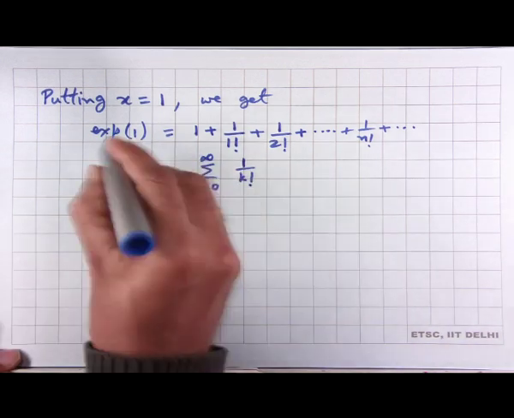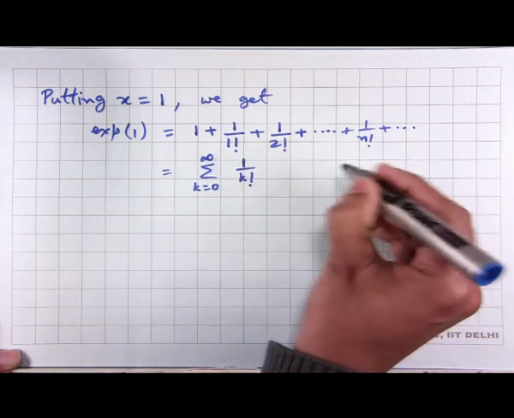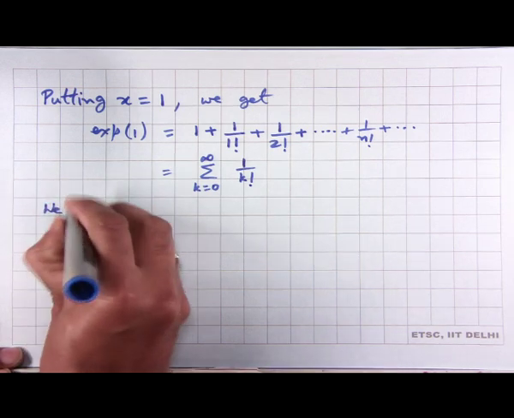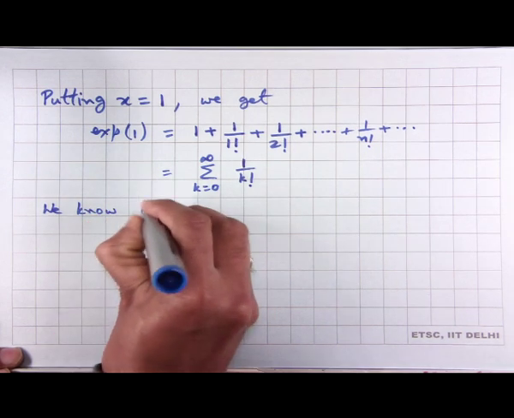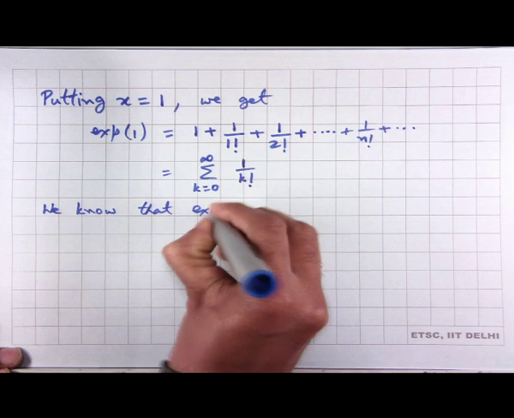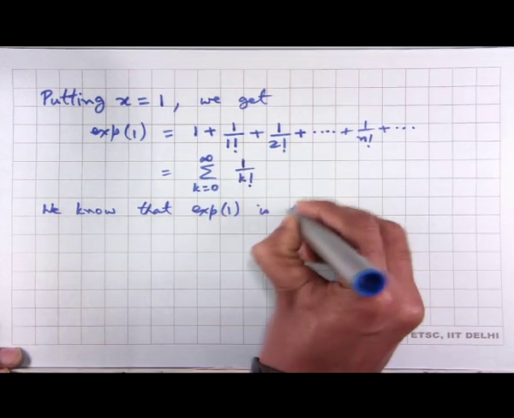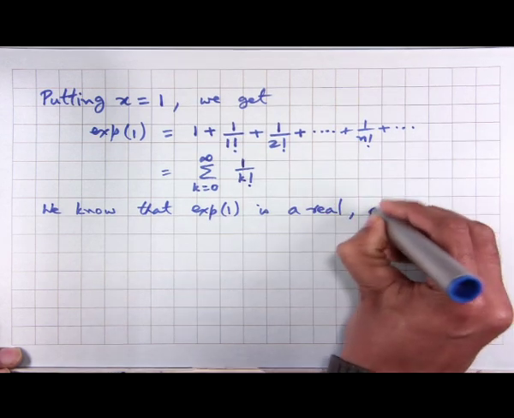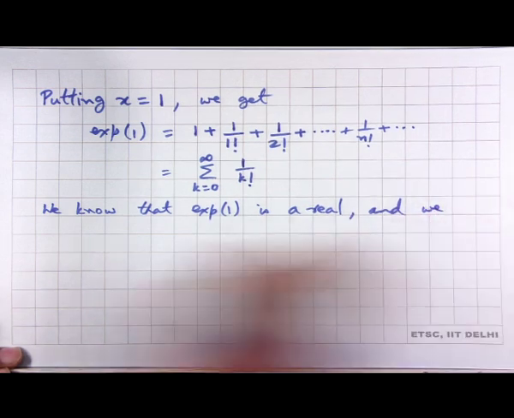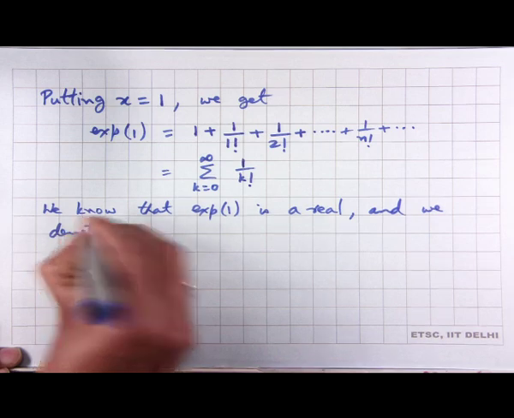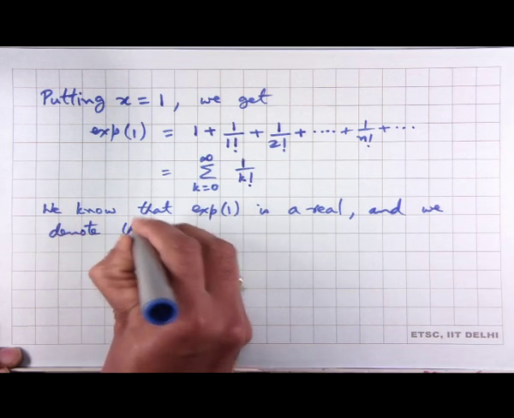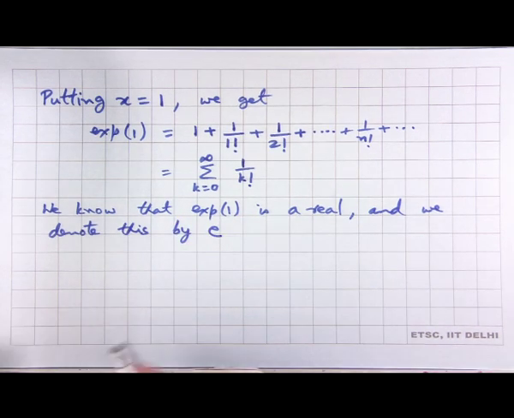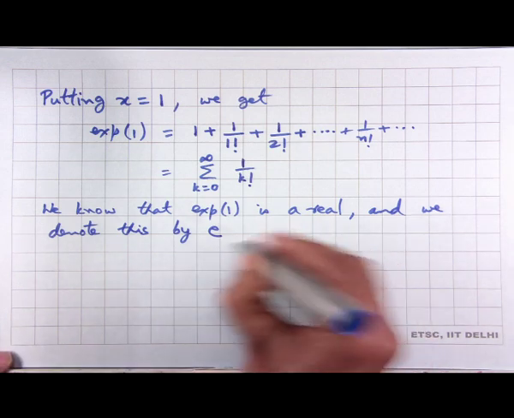We know that this is some real number. Exponential of 1 is a real number, and we denote this by E. This is called Euler's constant.